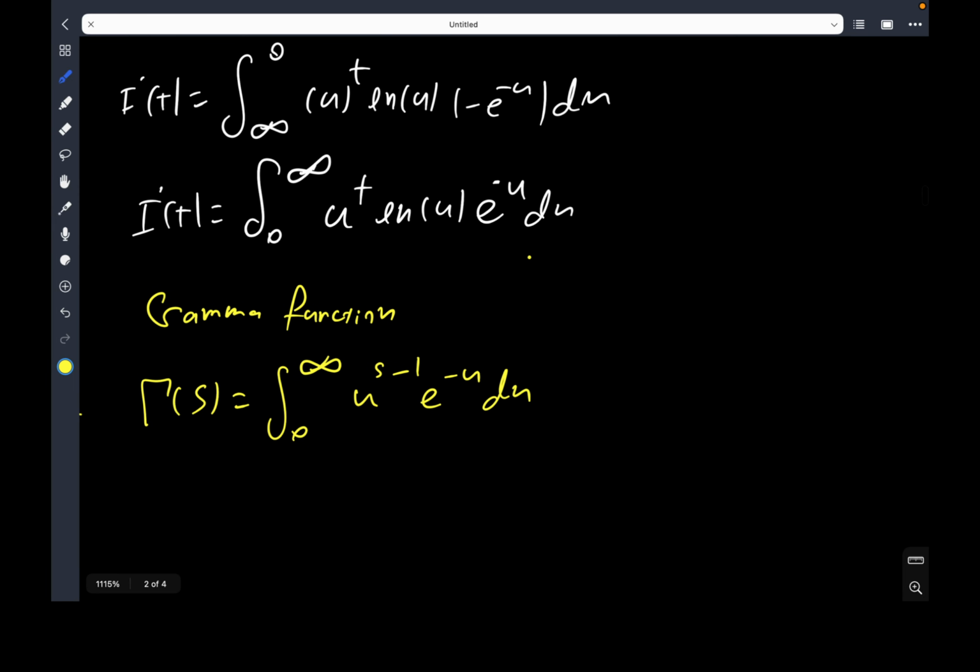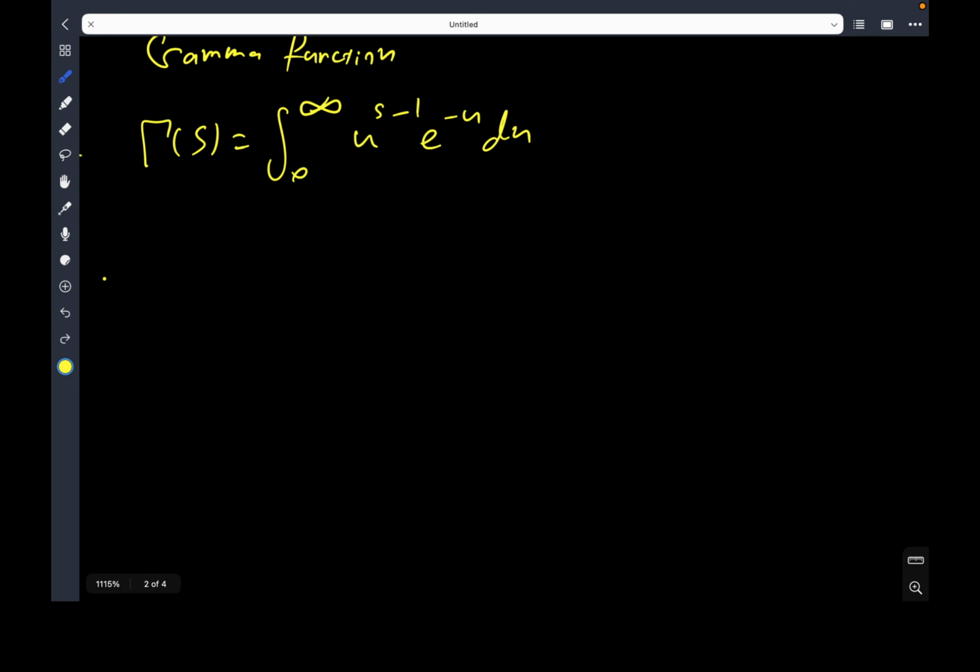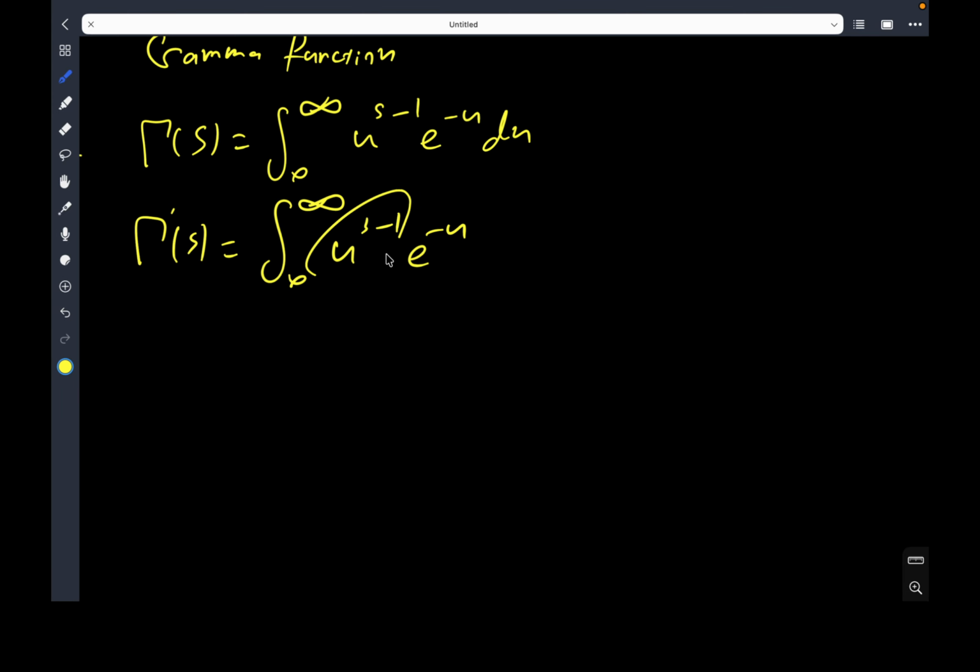Notice how similar this integral is to this integral right here. And if I take the derivative with respect to s of the gamma function, I'm going to get the integral from 0 to infinity of u to the s minus 1 e to the negative u, and the derivative of this is ln of u du.